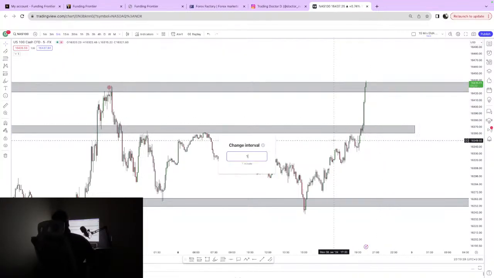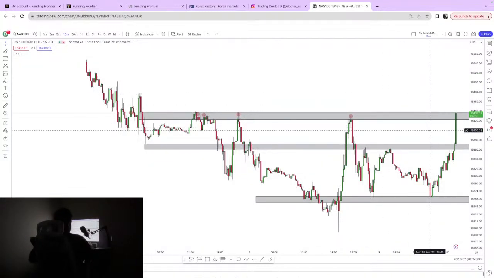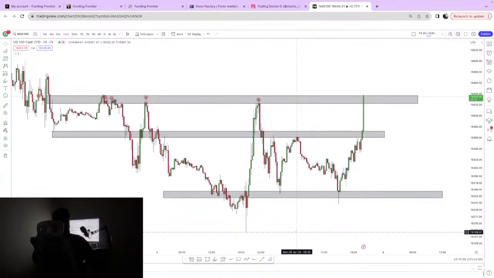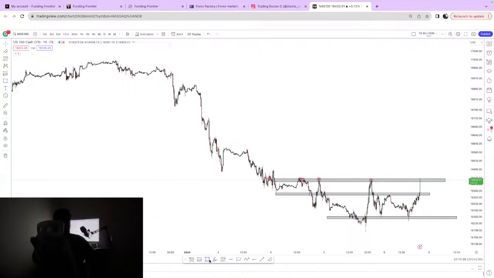Now it is either a double top from this same point, or let's draw one or two more levels. So I feel this is a good level.